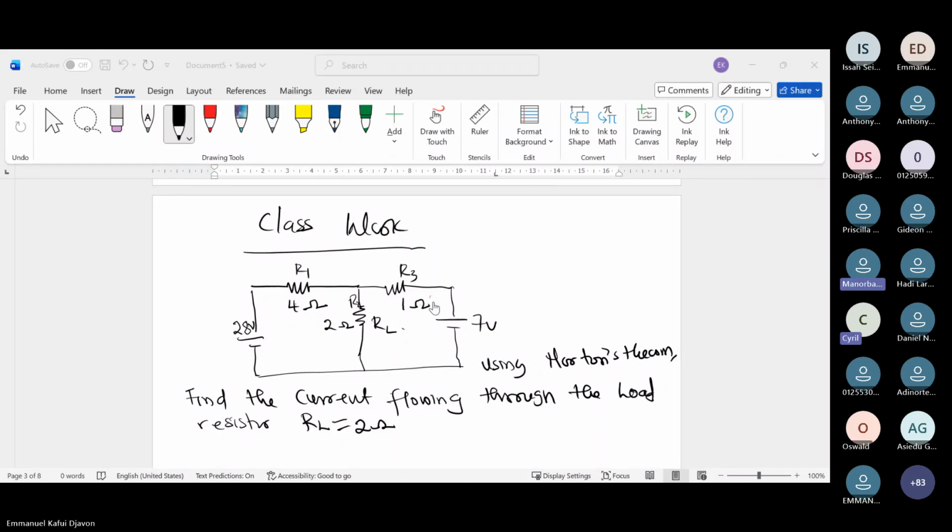Multiply by 2, you get 1.14. I mean, you get IS is not 14, it's 7.98 volts. Yeah, 7.98.